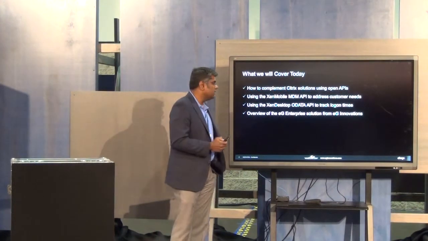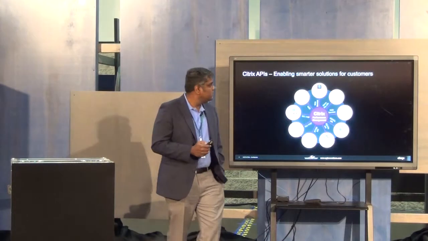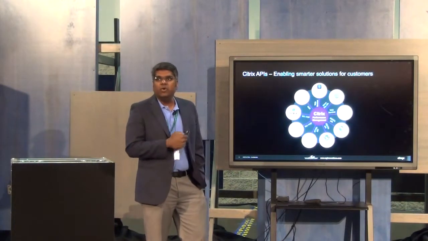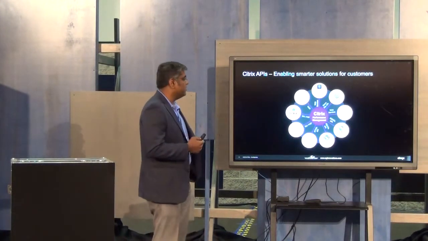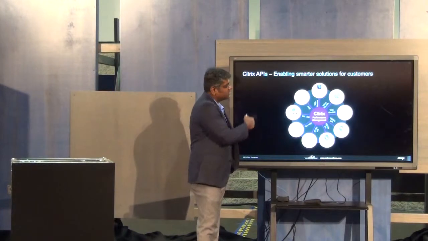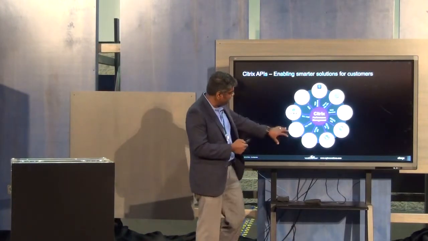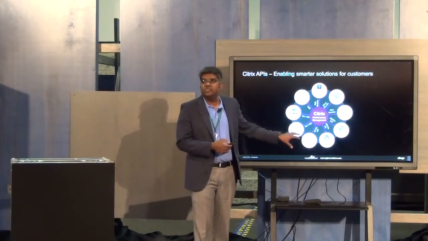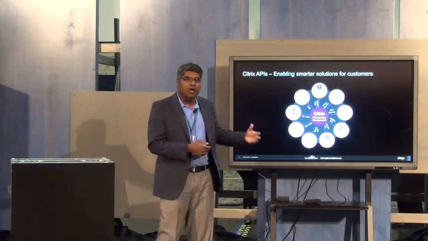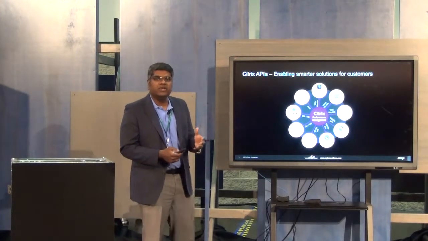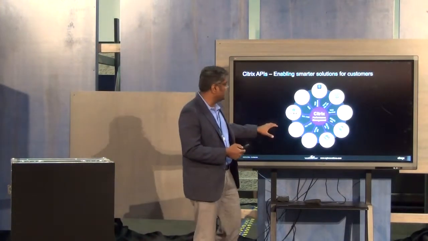So with that, let's start with what Citrix brings to the table with all these different APIs that they deliver. As you can see here, it's a rich environment that has a lot of different functionality, and every different component that you see here has a powerful API attached to it. So you've got a lot of different flexibility in terms of what you can deliver to your end user if you can tap into this effectively.